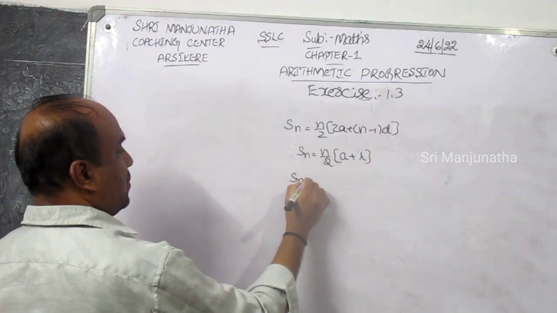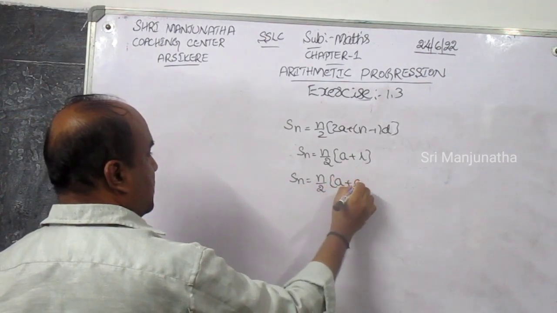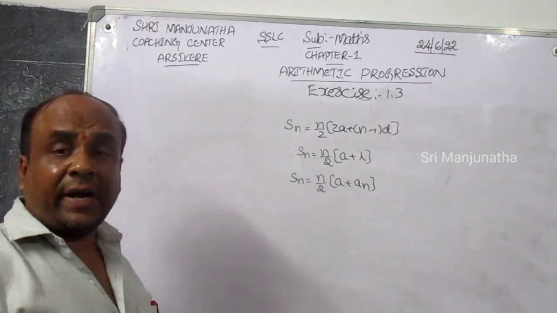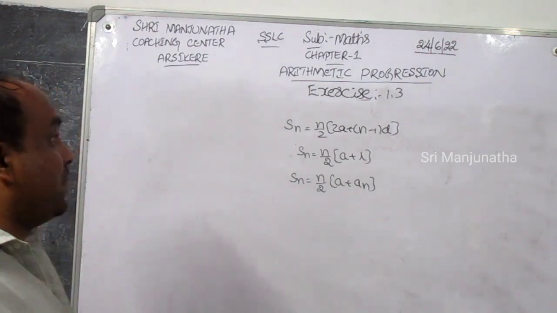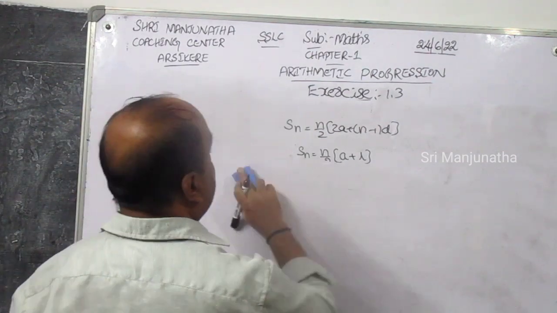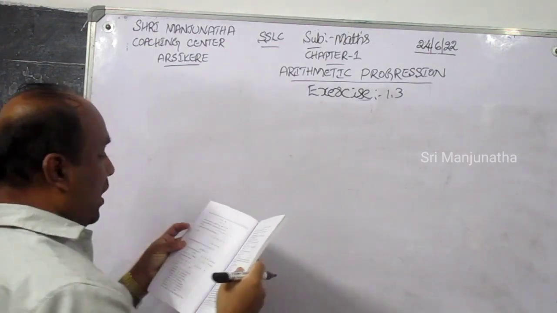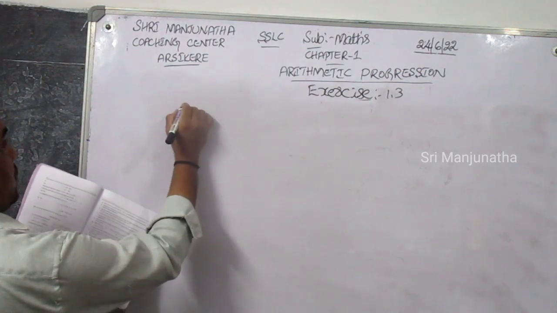Or Sn is equal to n by 2 into a plus an, is the formula to find the sum of the n terms of an AP. According to this formula, there are so many questions. Today I have to start and give solutions to those problems.